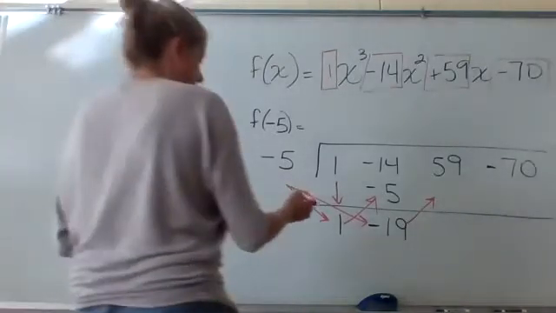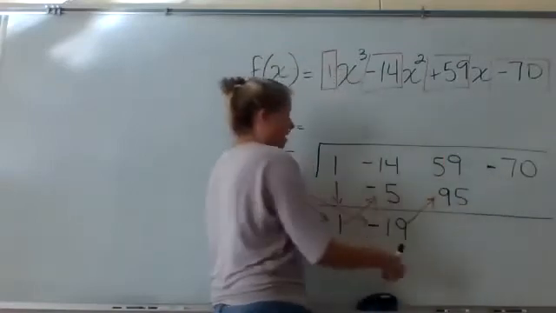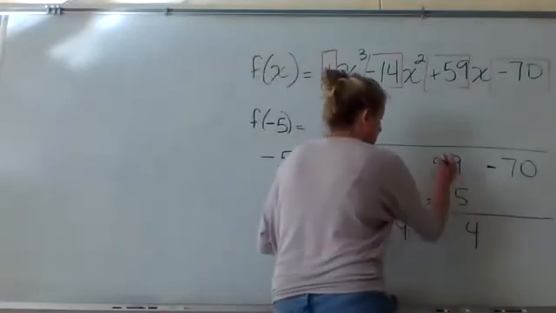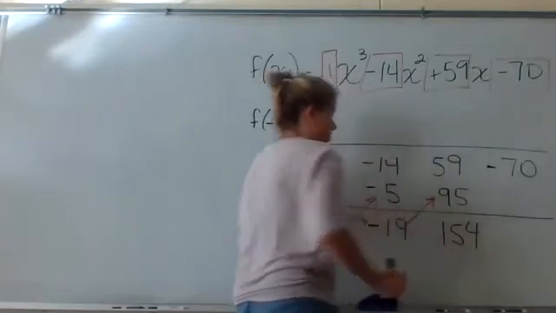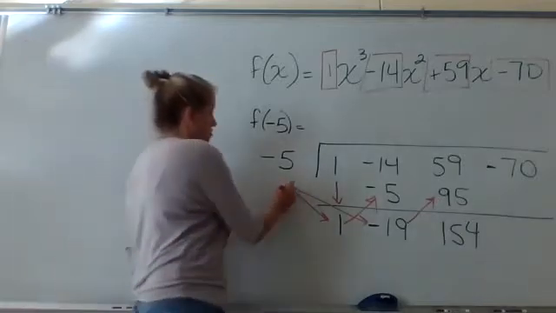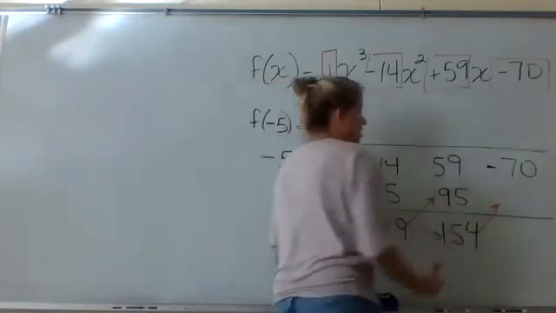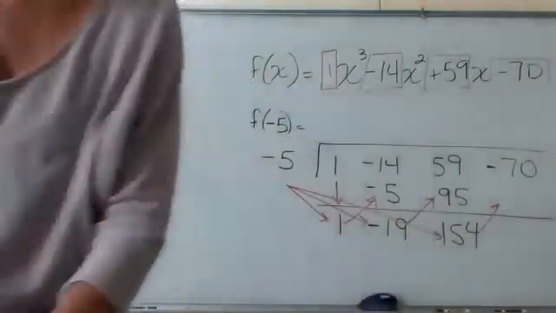Is 95. If I add that straight down, 154. And all over, negative 5 times 154. Put your answer there.